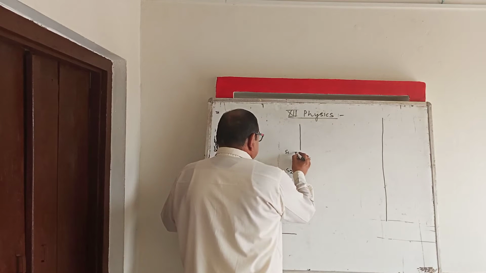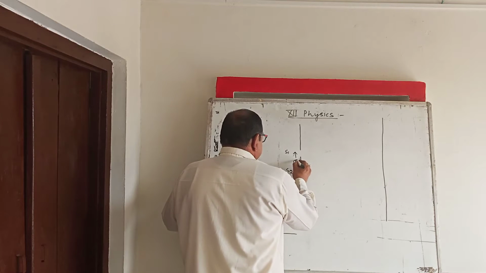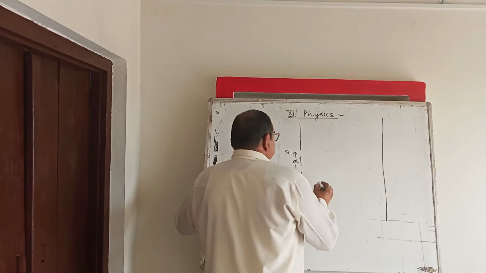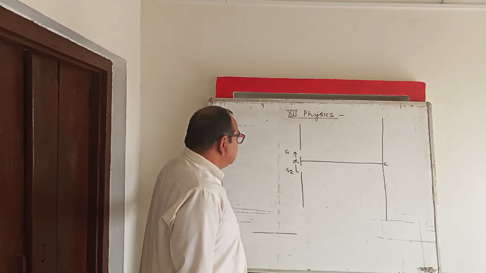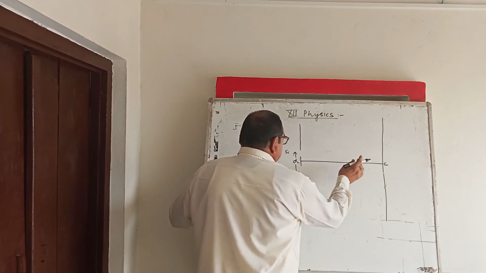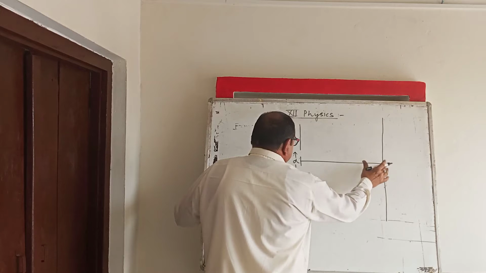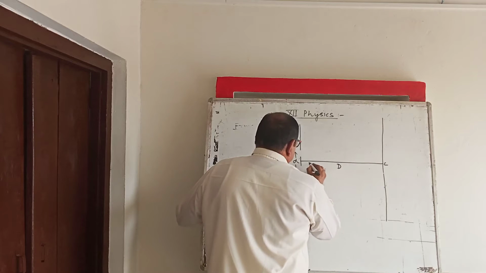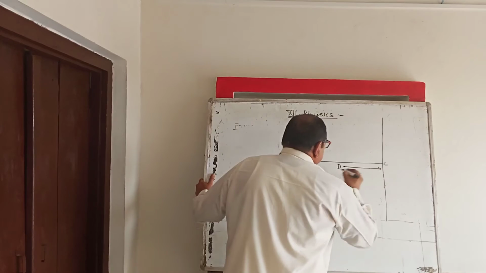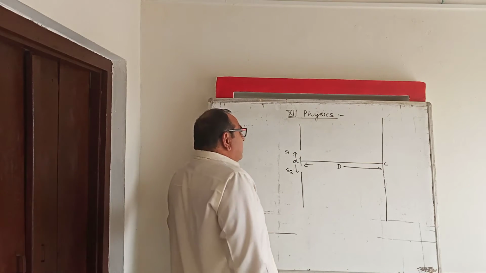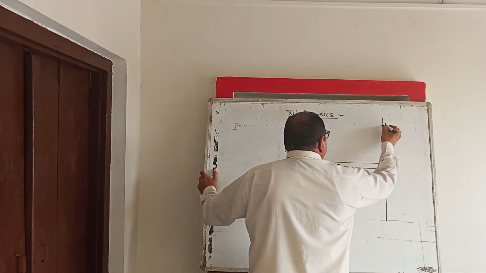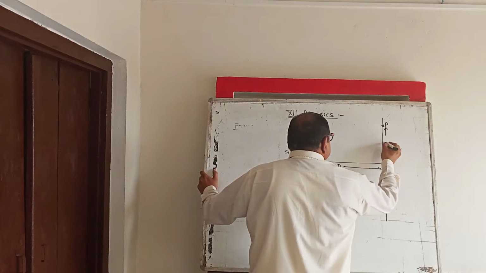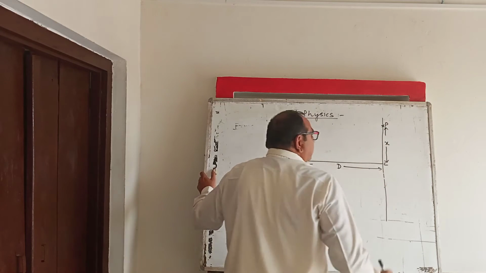Let the distance between these two sources be d. Now, this is your center. Let the distance of S1, S2 from the screen be capital D. I want to observe the fringe at this point P, which is at a distance x from the central fringe.